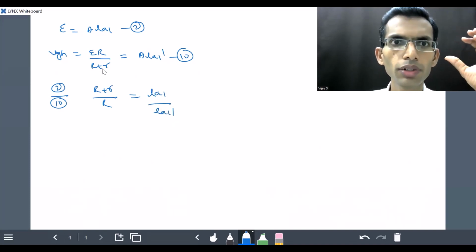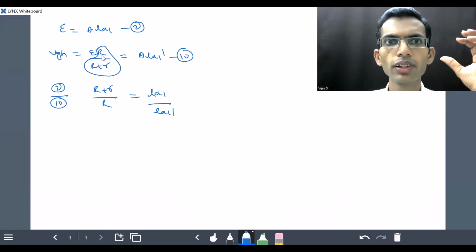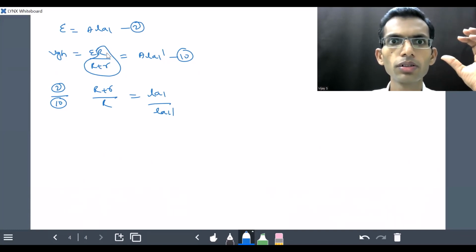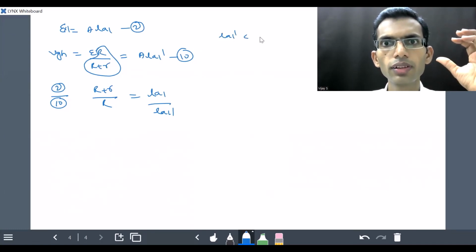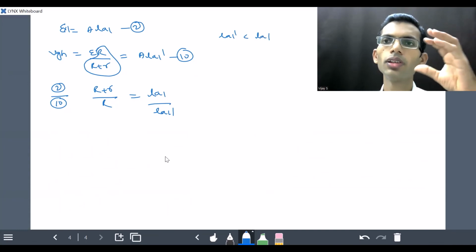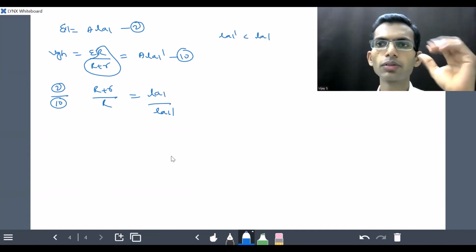Here you can see from this equation, only E is there, and here R by R plus r is there. This is going to be a little less than 1. That means A is common for both, and LA1' is going to be a little less than LA1. So that you can observe in the experiment.